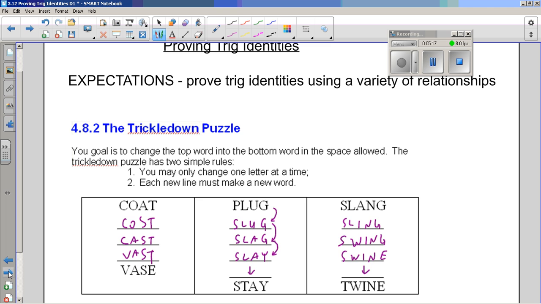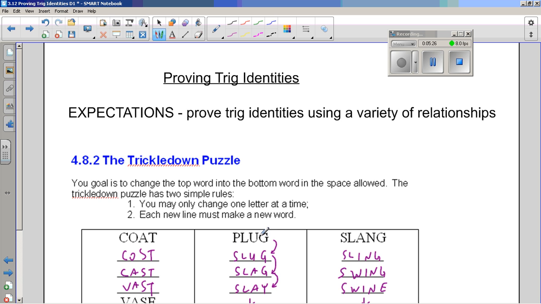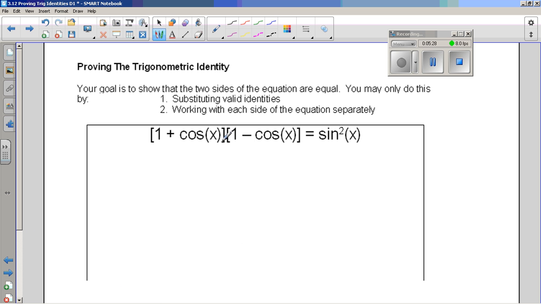The next example, proving a trig identity. Your goal is to show that the two sides of the equation are equal, just like we wanted to show that one word can be changed into the other word one bit at a time. So you may do this only by substituting valid identities and working with each side of the equation separately.